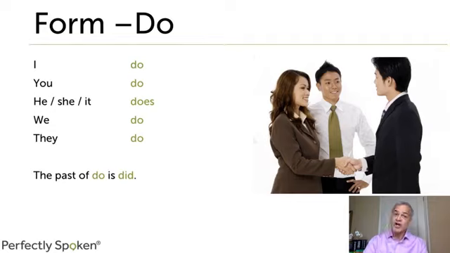But also, we use do as an auxiliary, as a helping verb. So, what do you do? What do you do? What's your job? What do you do? The first do is the auxiliary verb. The second do is the verb. So it is more complicated.